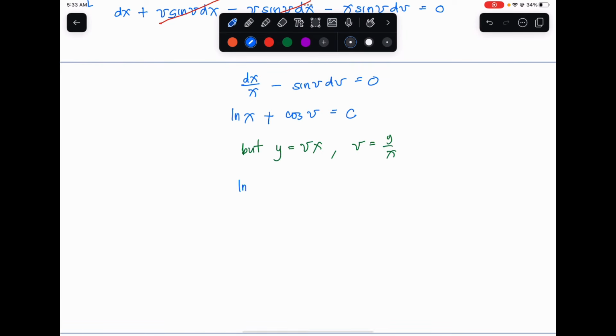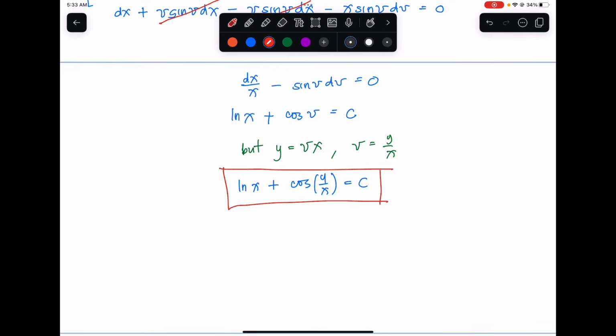So that makes it ln x plus cosine of y over x is equal to c. So that will be our final answer for this one. So this is a bit shorter.